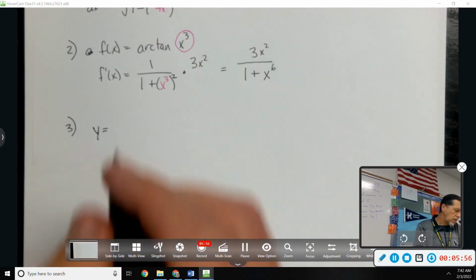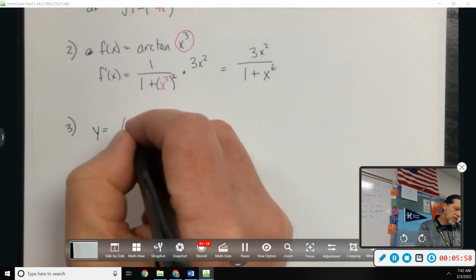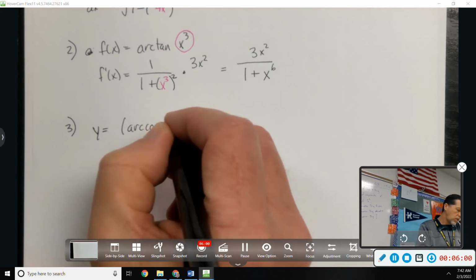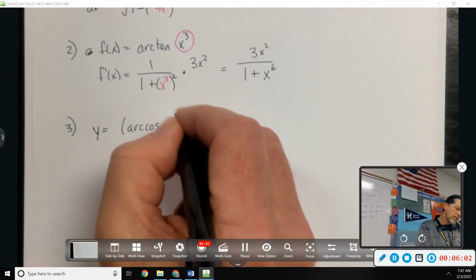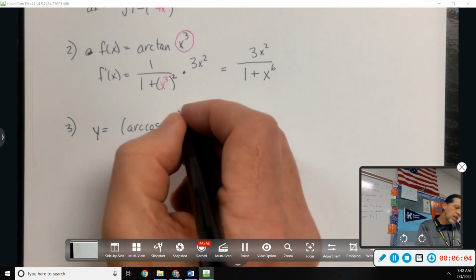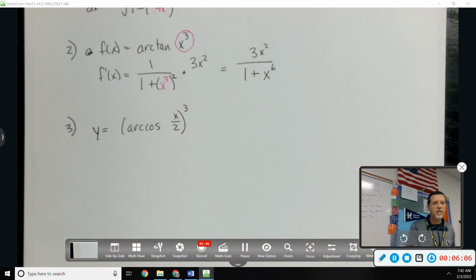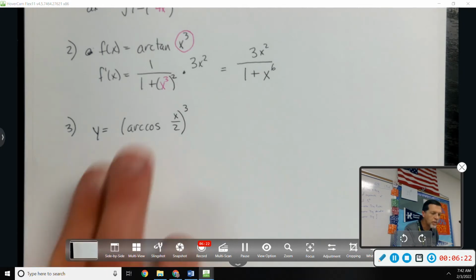Number 3, y equals arc cosine of x over 2, cubed. So lots of chain rule stuff going on here. What's the outermost function as we start to peel back the layers here? The 3. So I've got something cubed.